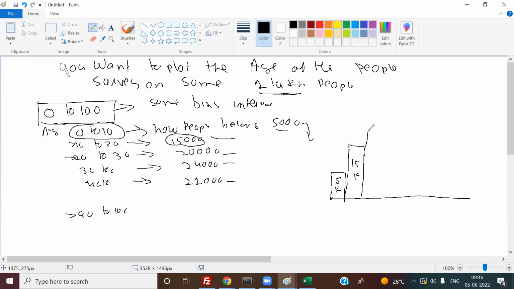Then it would be 20K. Then 24K. And then the values start to decrease, and then slowly they decrease. Is this plot clear to everyone?